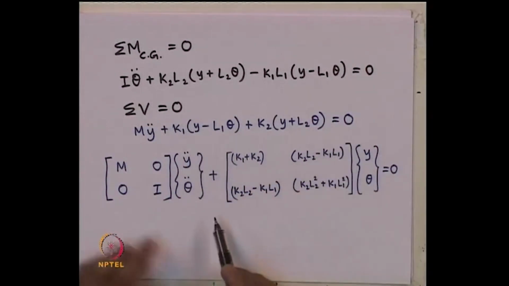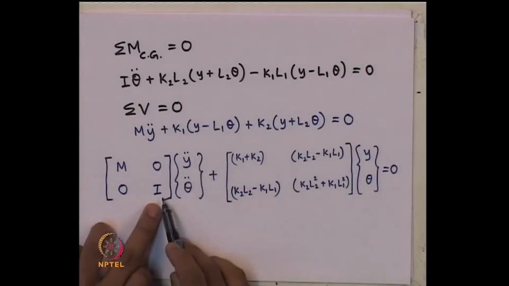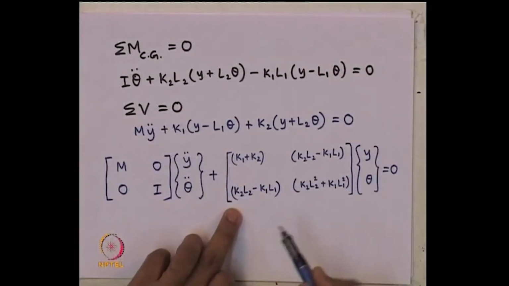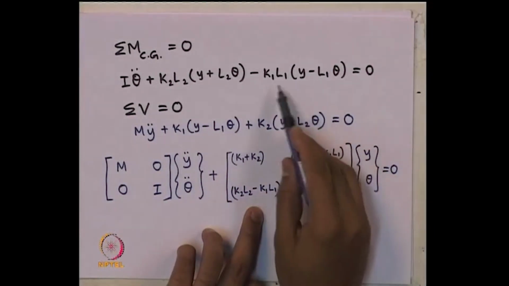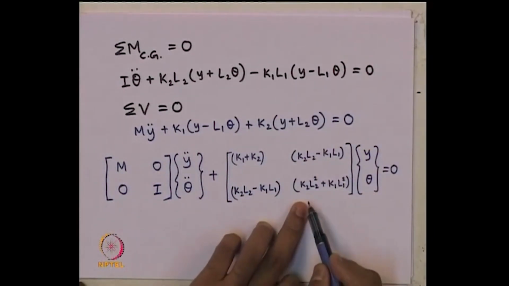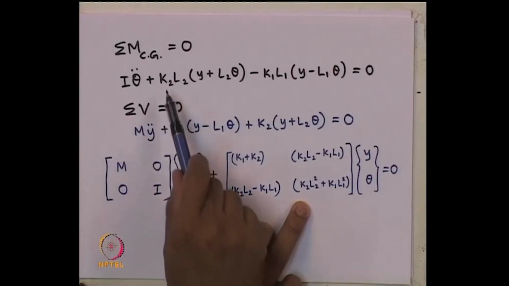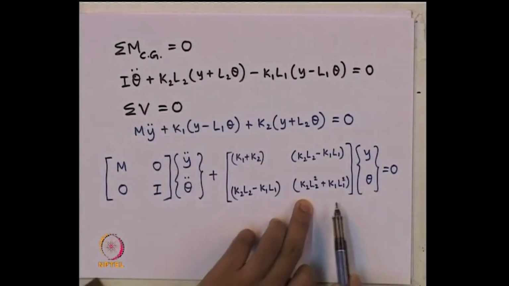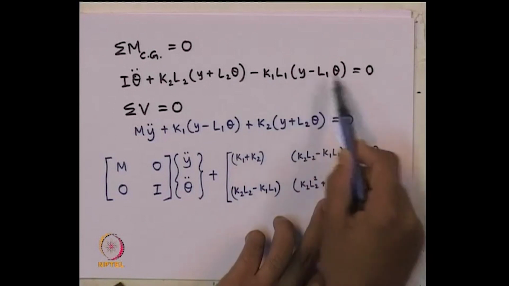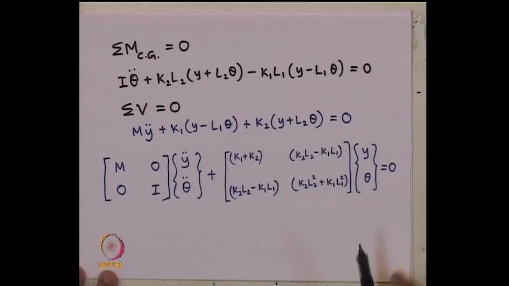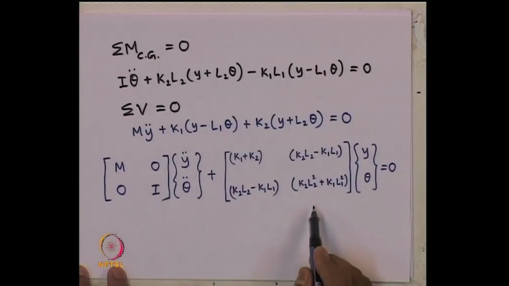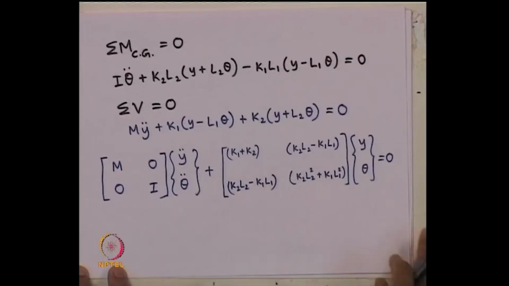This is the first equation, and the second one is I theta double dot, then k2 L2 y minus k1 L1 y plus k2 L2 square theta plus k1 L1 square theta equals 0. Okay. So, with this we have seen for this case the mass matrix is uncoupled, whereas the stiffness matrix is coupled.